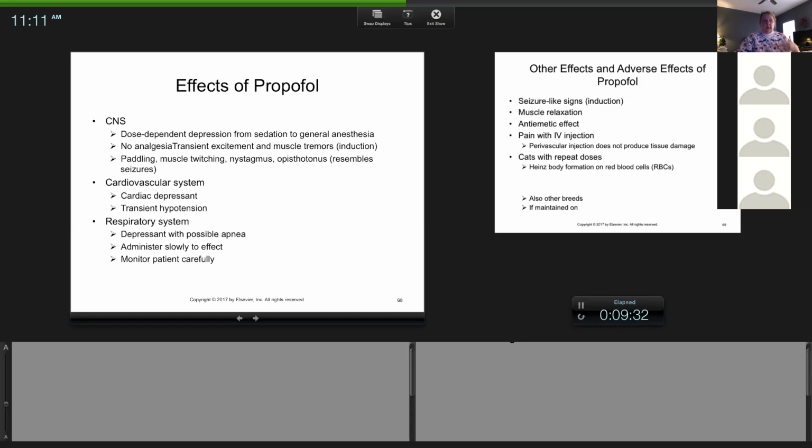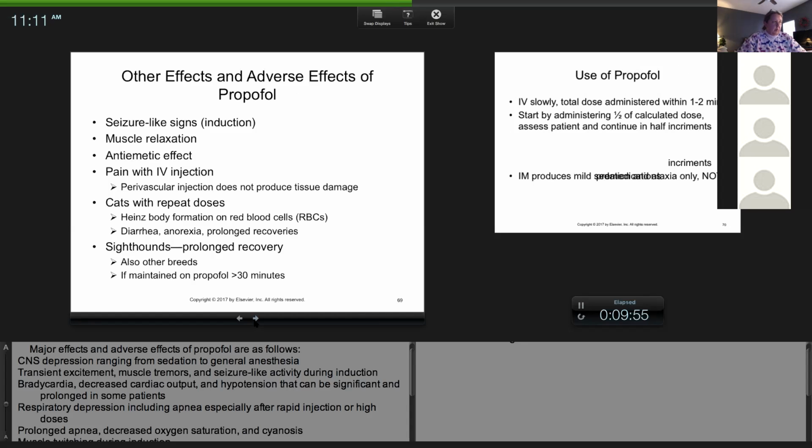But animals that are too deep after induction, they get really flaccid right away. Heart rate plummets. Eyes are central. If the eyes are ventral medial, you have a decent heart rate, decent pulse, good color, it's probably just transient apnea from the drug. So that's how you tell the difference in the apnea if it's just normal.